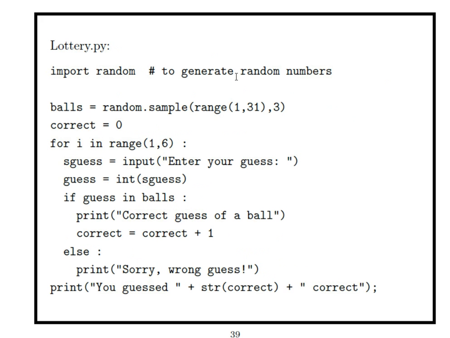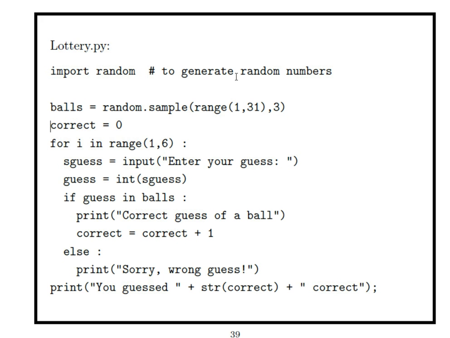Well, we import the random package to generate random numbers, and we use this random sample function to generate 3 numbers randomly in the range 1 to 30. And this is now a list of 3 numbers. It's not a single number, but it's a variable that holds a list of numbers. And this is also our first example of a list.